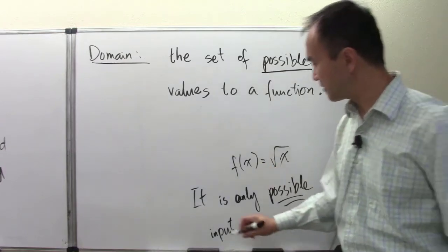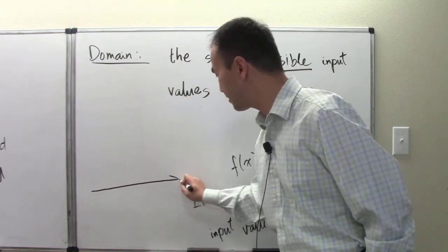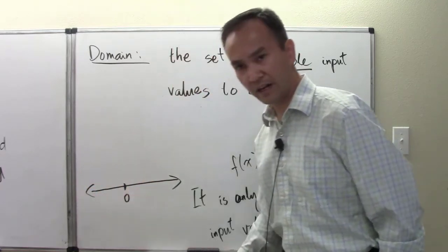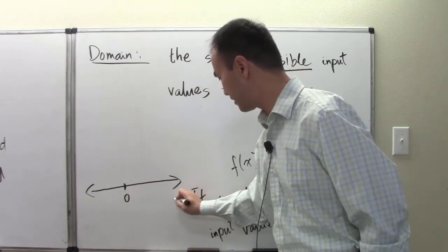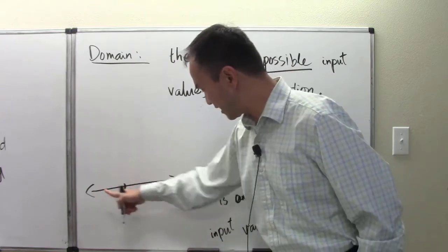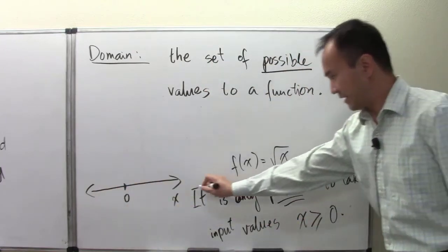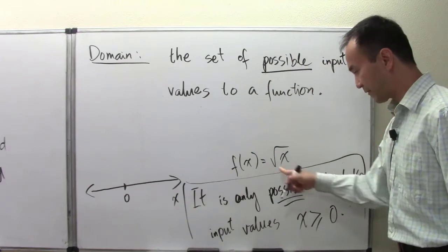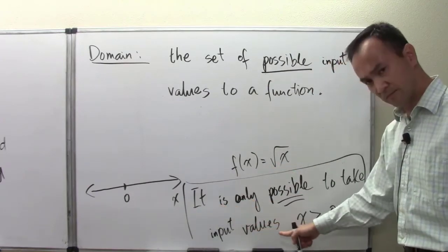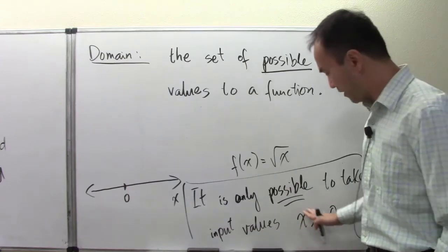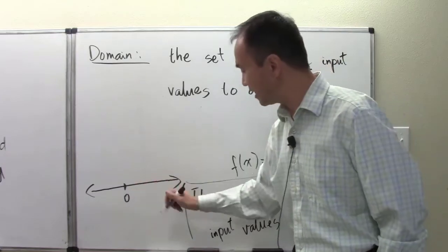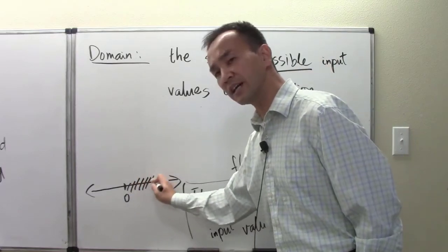Think about this, x greater than or equal to 0. For this specific function, the line of numbers is here. 0 is somewhere on that line of numbers, and this is the line of all the x values. What we noted earlier is that for this function, it is only possible to take input values greater than or equal to 0. So if you're looking at all of the input values on a line of numbers, anywhere to the right-hand side is greater than.